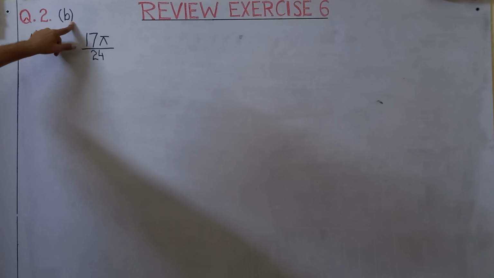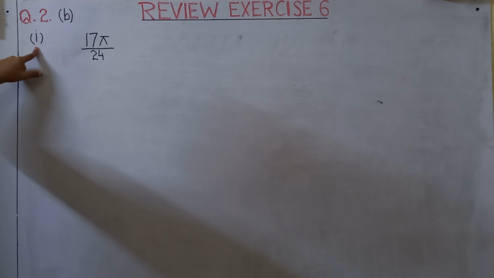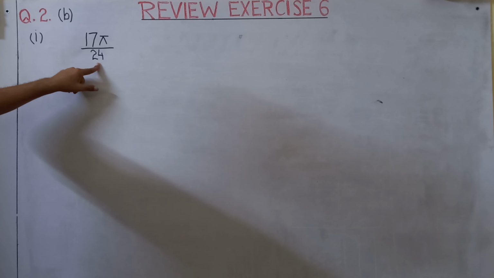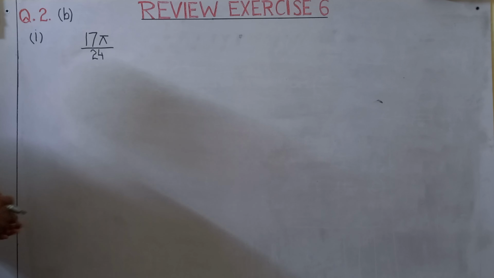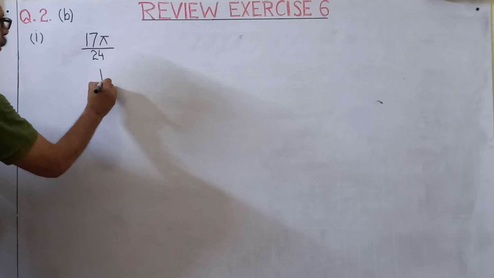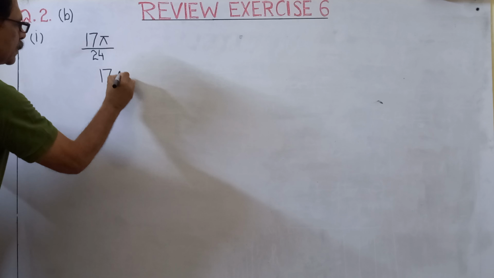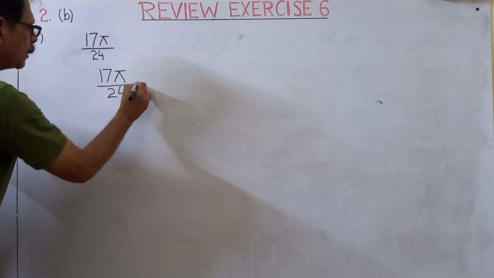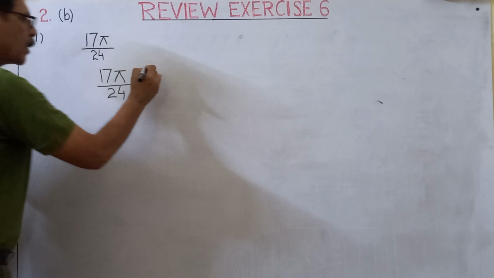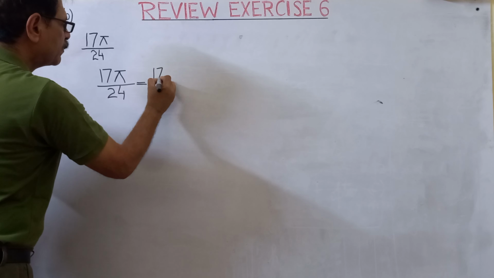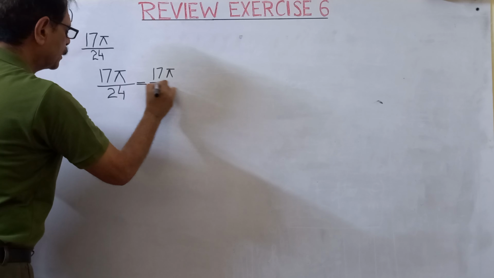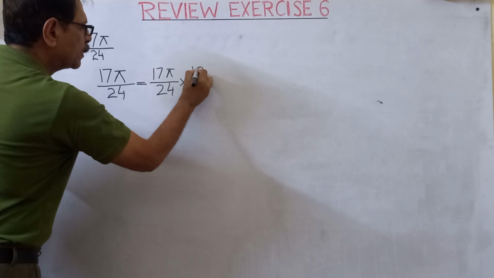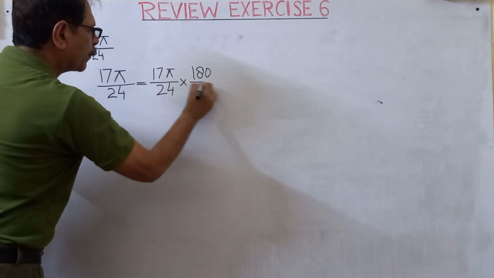Question 2, part B, part 1. Convert 17 pi over 24 radians into degrees. 17 pi over 24 is equal to 17 pi over 24 multiplied by 180 over pi.